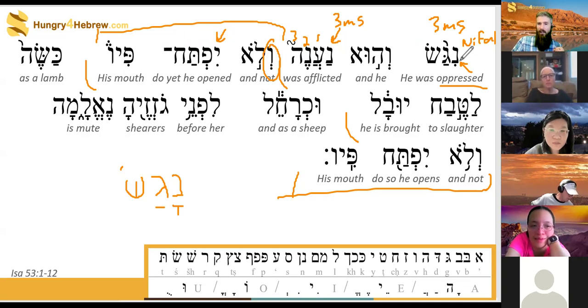But if we say he didn't get oppressed and he wasn't afflicted, or he was afflicted, he was oppressed, and yet he didn't open his mouth. Well, we're in the 21st century looking back at a fulfilled prophecy, but according to Isaiah, he's looking at someone who's being oppressed and afflicted and still to come in the future, and yet he will not open his mouth.